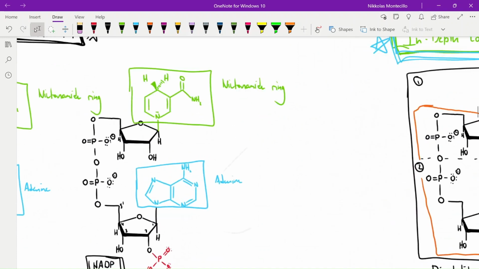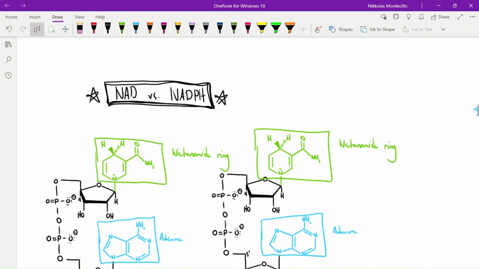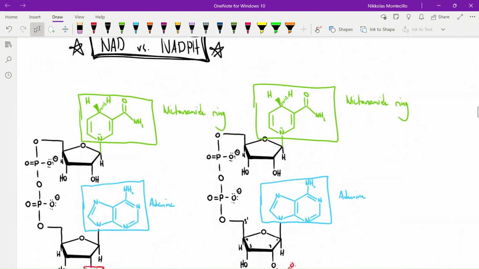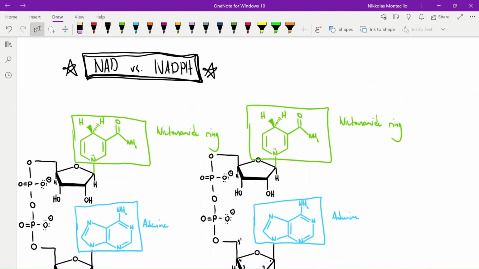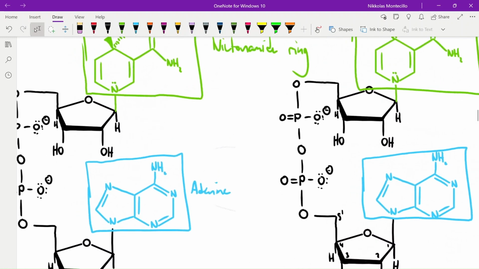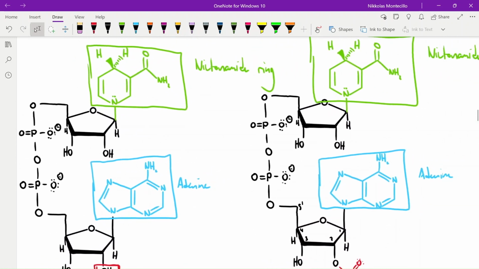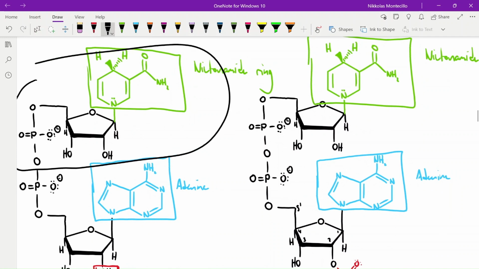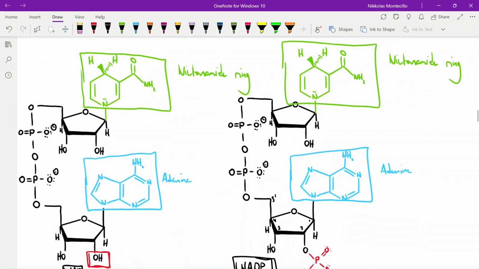So with NAD versus NADPH, or nicotinamide adenine dinucleotide, right, the name in itself is relatively explanatory. We can see that there are two nucleotides. There's one over here, and then there's another nucleotide over here.